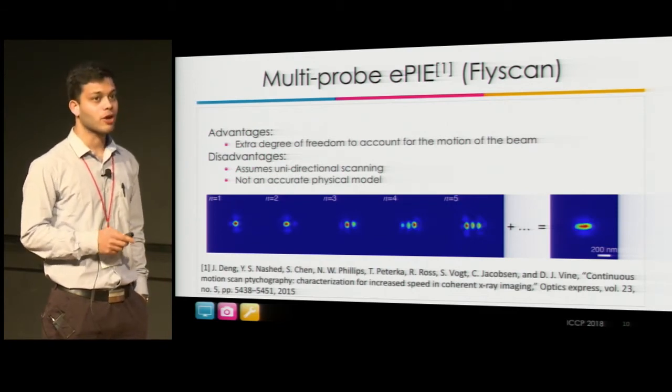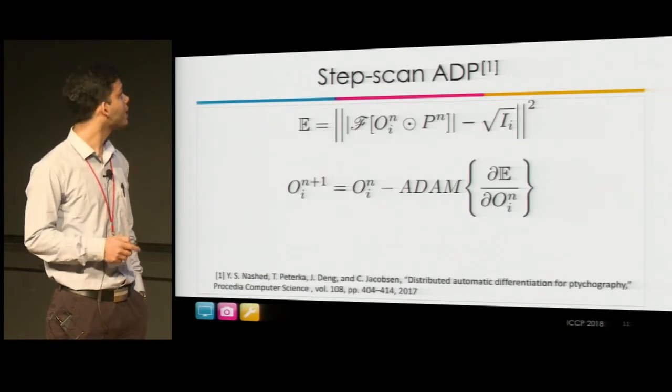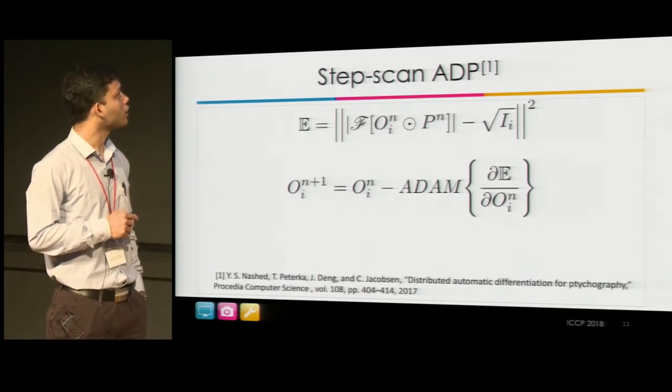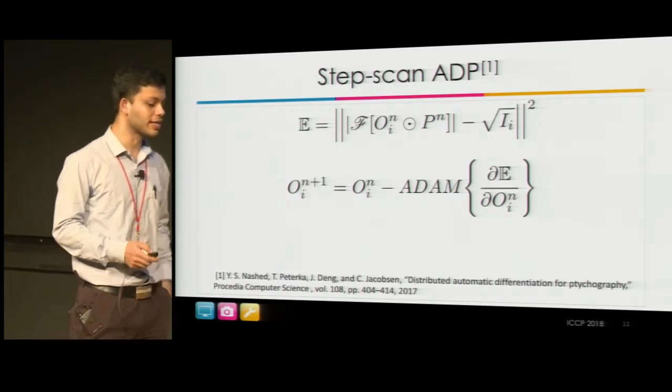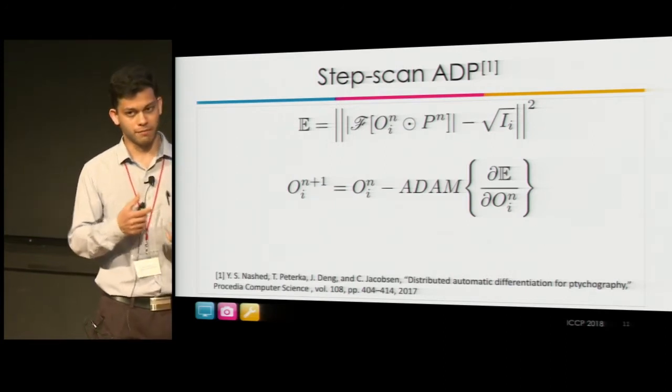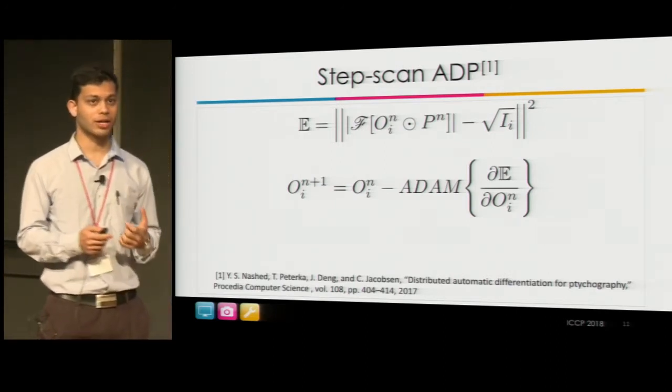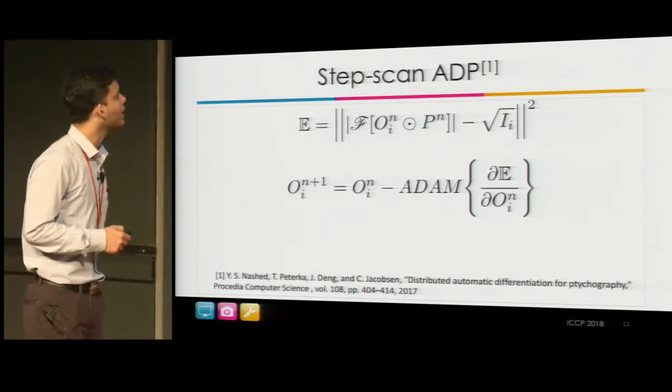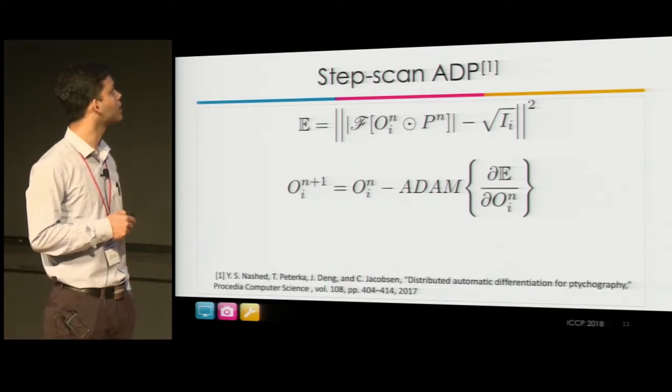Okay, so far we have talked about the ePIE algorithms, and then Nashed et al. came up with the idea that we can use the same error function, but instead of calculating the explicit function for the gradients, why not have TensorFlow calculate the gradients for us and make the updates to the object?